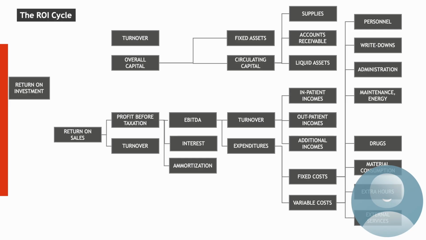And you already have generated turnover or revenue from these operations. And when you divide this by the overall capital, you get asset turnover or return on assets, which is basically a metric that demonstrates how well assets were utilized, right?